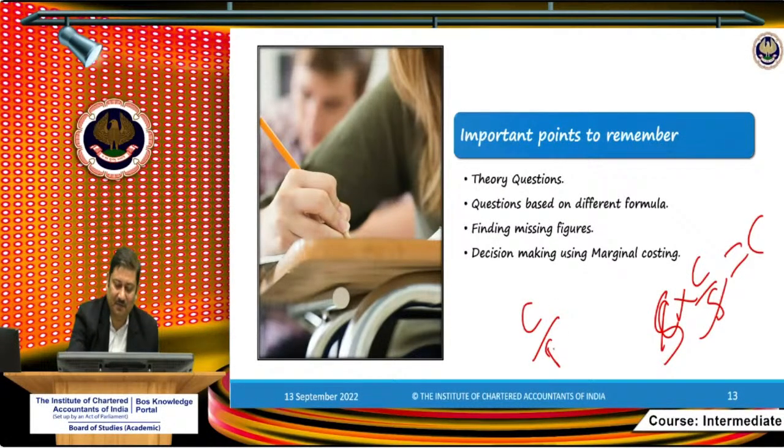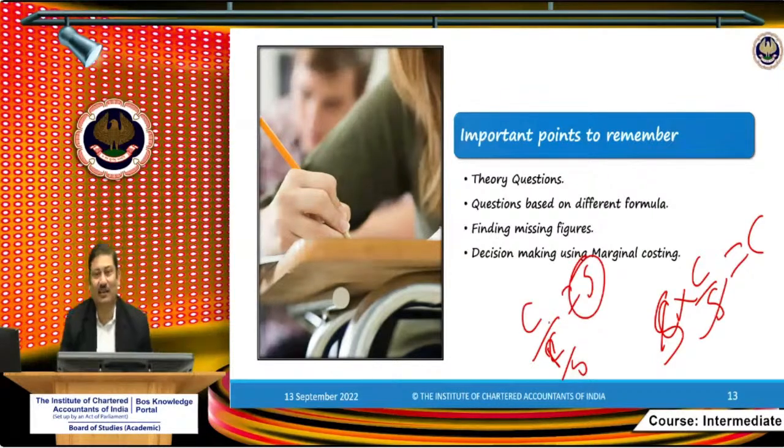Contribution divided by PV ratio, that is C by PV, you can calculate S. Are you getting my point? So you can prepare a box and note down: from contribution, if you want to calculate sales, divide by PV ratio. From sales, if you want to calculate contribution, multiply by PV ratio. Is it clear? No requirement of variable cost at all.